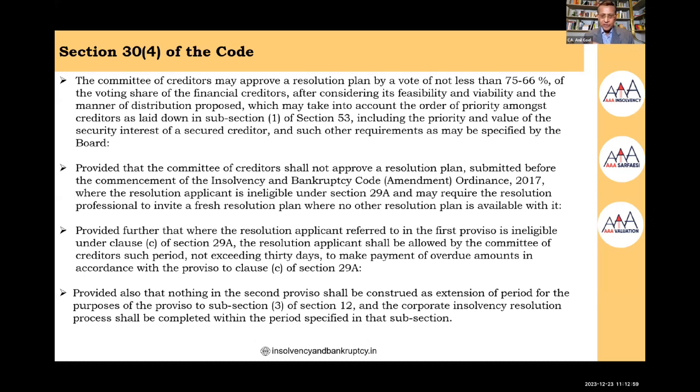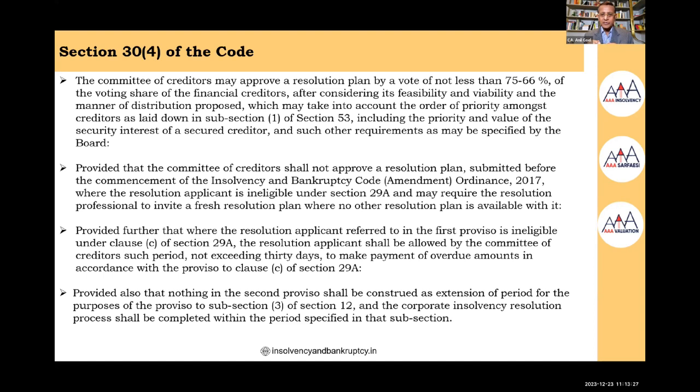Section 53 is mentioned because the order of priority is first the CIRP cost, then secured creditor plus workman pari passu, then unsecured financial debt, and so on. What it is saying after that, including the priority and the value of the security interest, the first is the order of priority as per section 53.